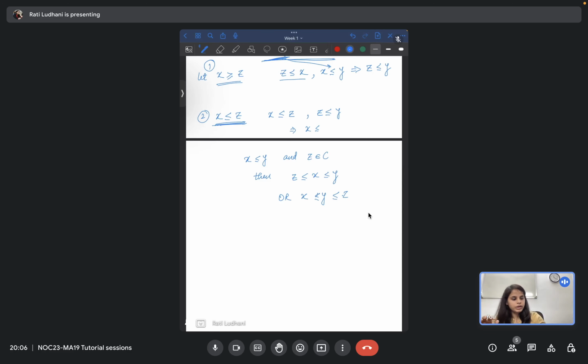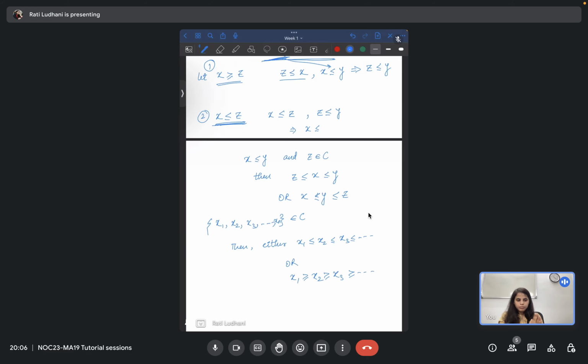That is, if you have, for example, x1, x2, x3, some finite set, belonging to C, then either x1 is less than or equal to x2 should happen, or x1 is greater than or equal to x2. So if these are the elements of the chain, then there should be a chain, that I want to say.